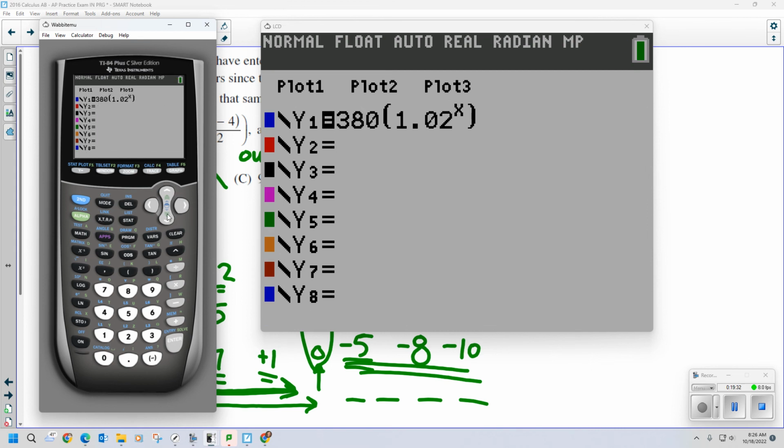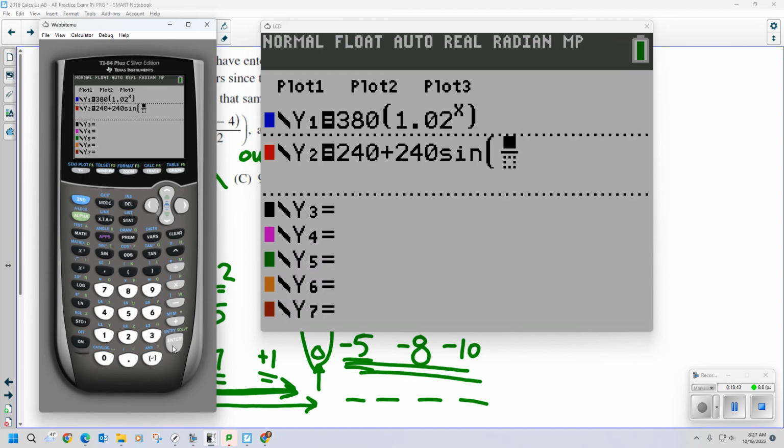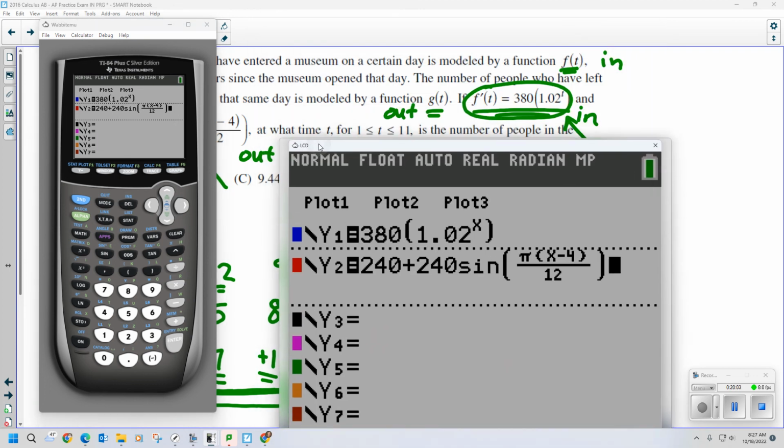And then I'm going to graph the people going out, and that is 240 plus 240 sine of pi times x minus 4 all over 12. Okay? I like this problem. And again, I want it from time 1 to 11. My interval is 1 to 11 right there.